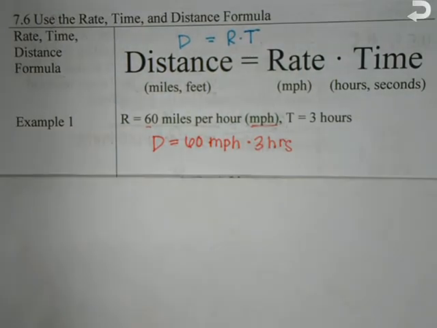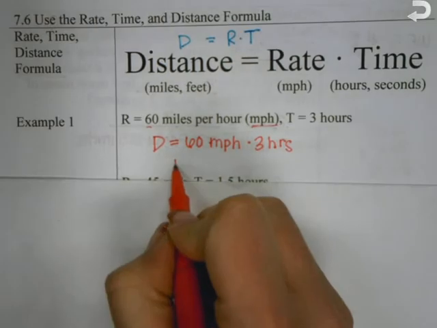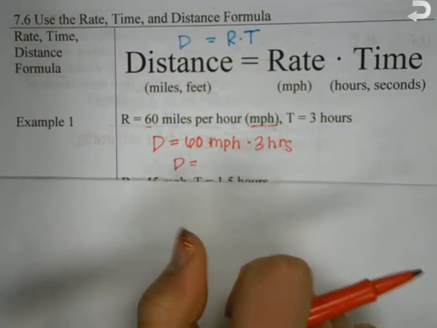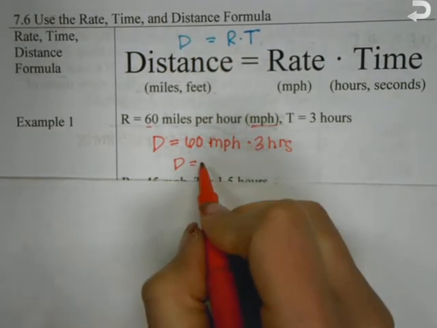So that's going to give me D equals, what's 60 times 3? 180.